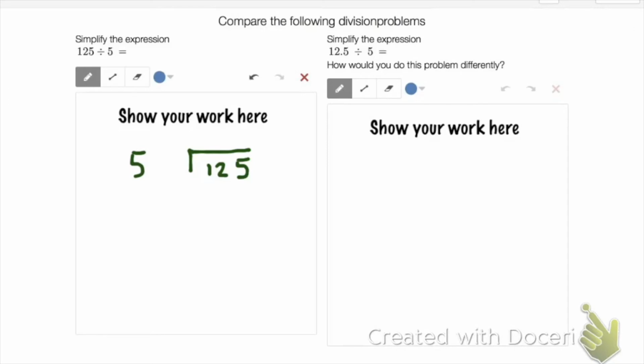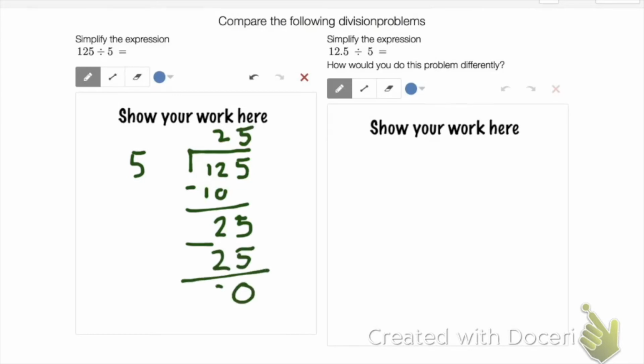So 5 goes into 12 2 times, so 2 times 5 is 10. We drop down the 5. 5 goes into 25 5 times. So 125 divided by 5 equals 25.